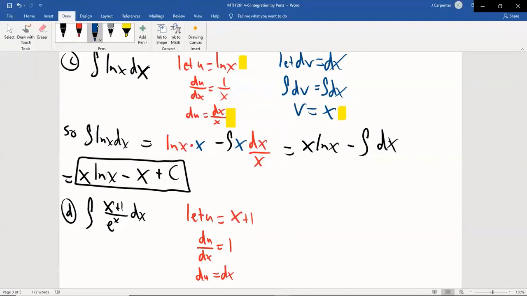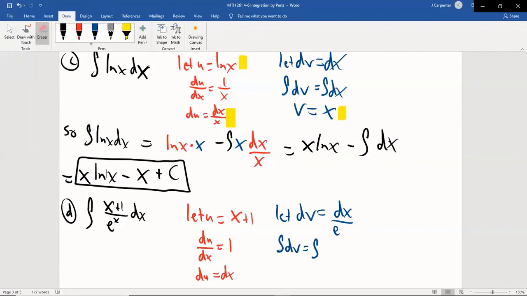So there's the u branch. Now let's say let dv be the rest, which the e to the x is in the bottom. Be careful there. So dv is actually dx over e to the x. And then when you go to integrate it, oh, that looks terrible.